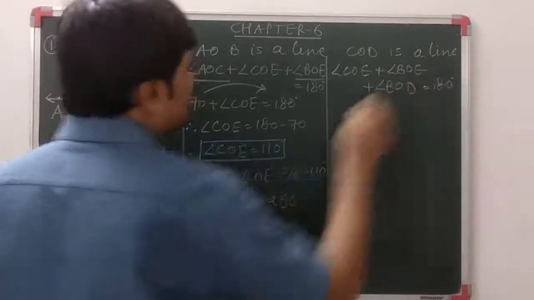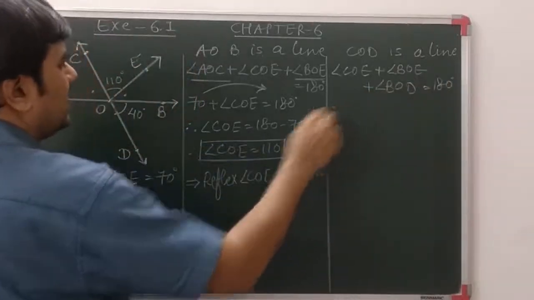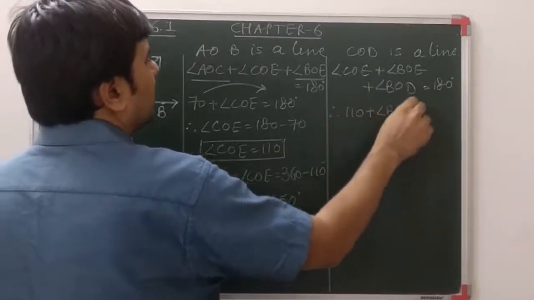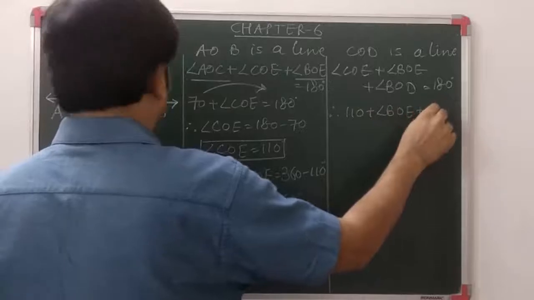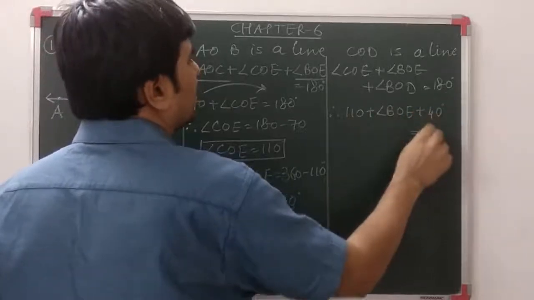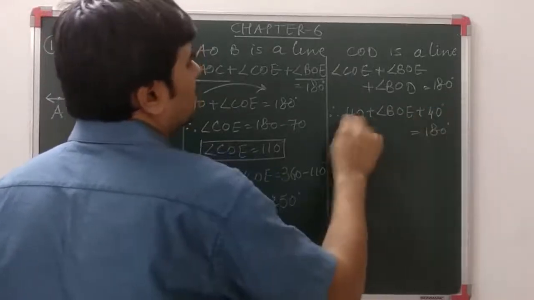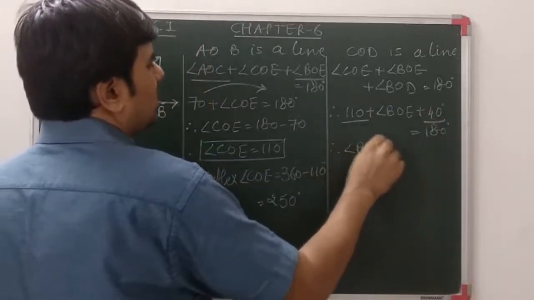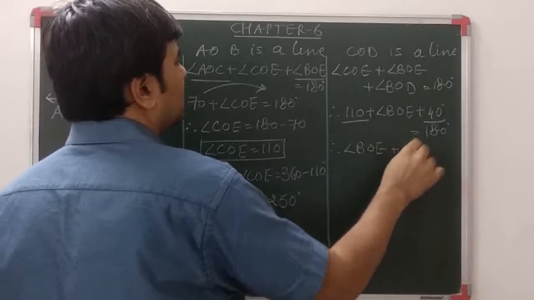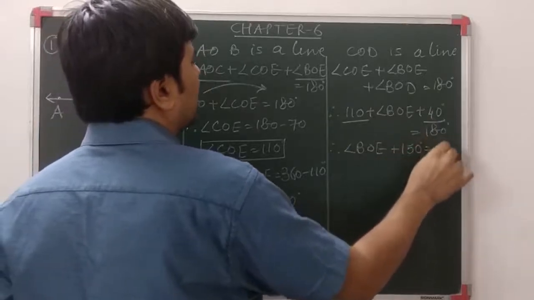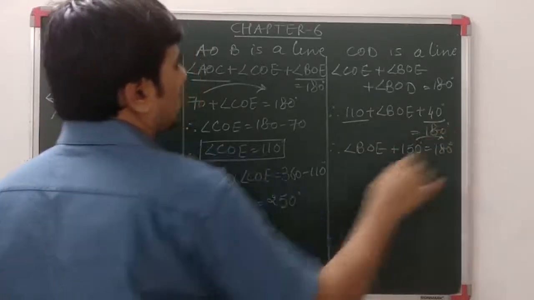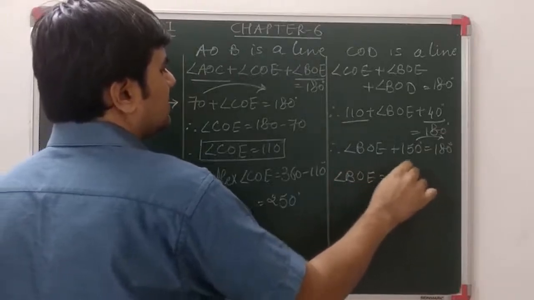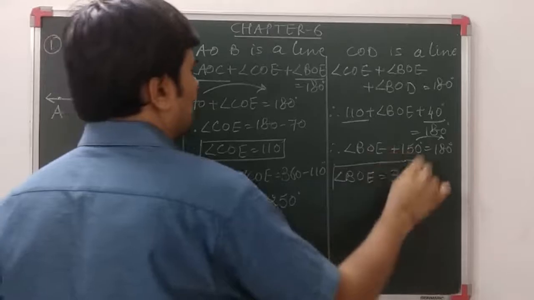Out of these, COE is 110, BOD is given as 40 degrees. The sum of these two is 150. So BOE plus 150 is equal to 180. I'll take this value to the right hand side. So the measure of BOE is 30 degrees.